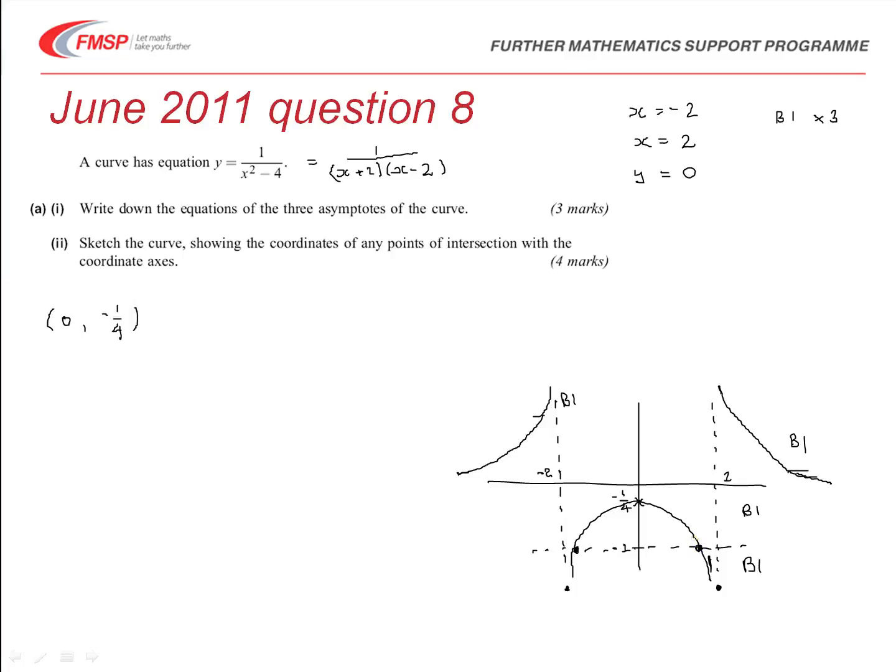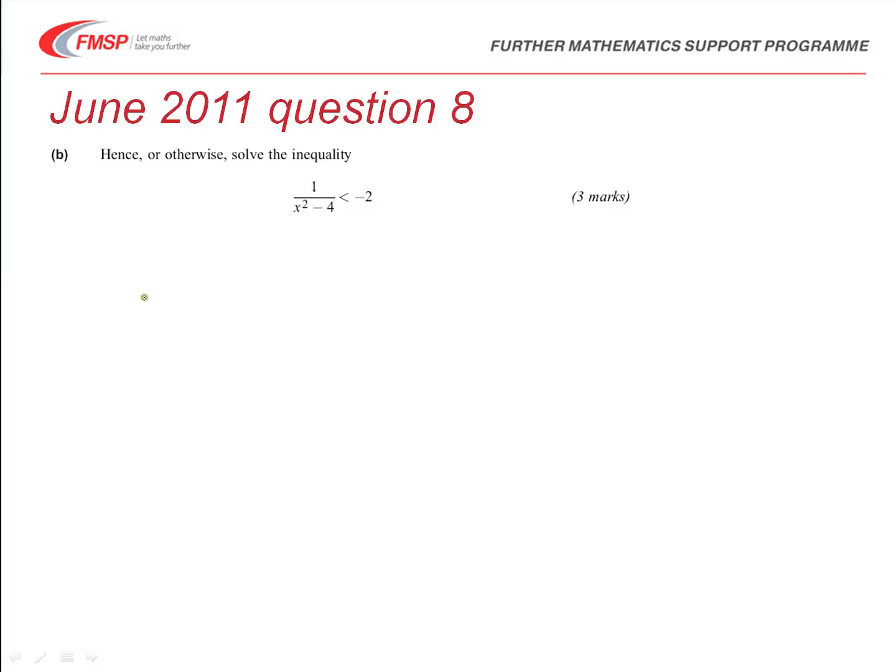So we need to firstly solve the equation 1 over x squared minus 4 is equal to negative 2. So that implies that 1 is equal to, multiplying by the x squared minus 4 gives you minus 2x squared plus 8.